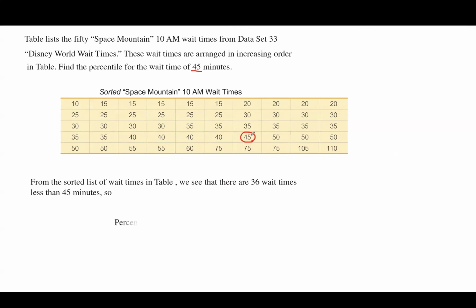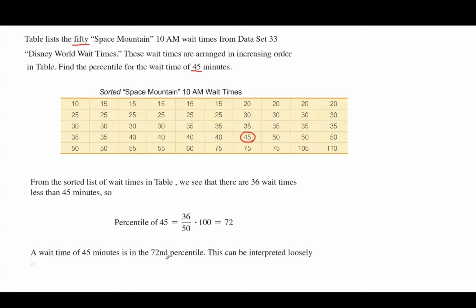So in order to calculate the percentile of 45, this is equal to 36 divided by 50, since you have 50 wait times in your collection, multiplied by 100, which is the 72nd percentile. A wait time of 45 minutes is in the 72nd percentile.